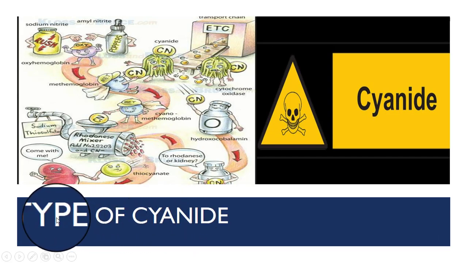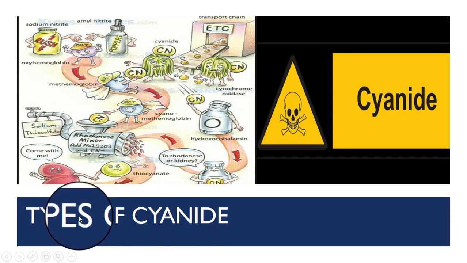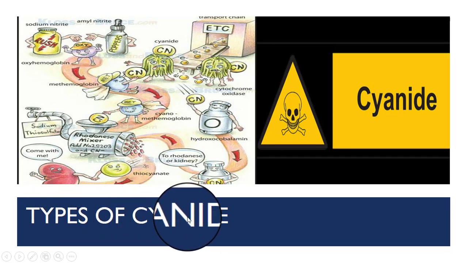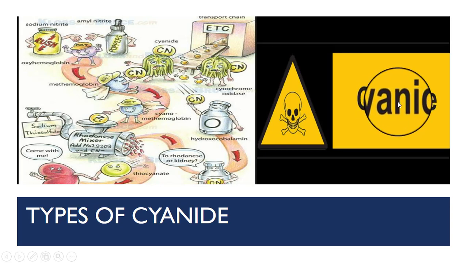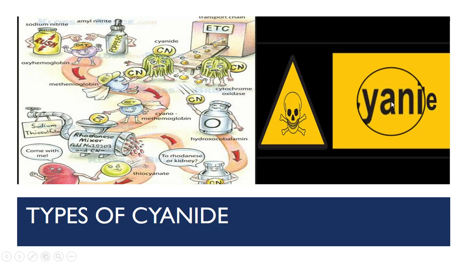Now next we'll talk about the second type of cyanide poisoning, that is chronic cyanide poisoning. Chronic cyanide poisoning can occur if you are exposed to 20 to 40 parts per million of hydrogen cyanide gas over a substantial period of time. The symptoms are often gradual and increase in severity as time goes on.